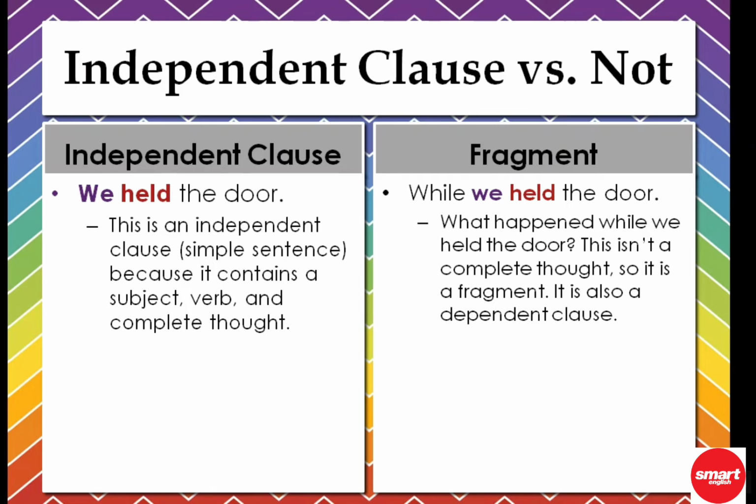So the best way to fix the fragment is to attach it or join it to an independent clause. So we must find something after this. While we held the door, something else happened, for example. So we have to join it to another independent clause.